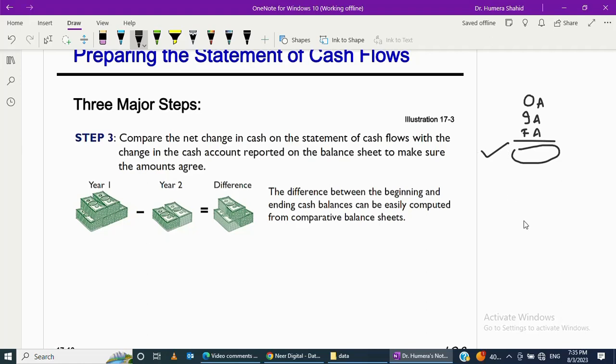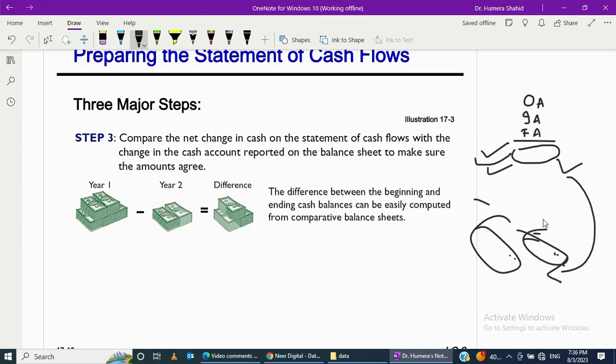Check the difference between the opening and ending balance of cash to confirm that this answer is correct. So compare the net change in cash on the statement of cash flow with the change in the cash account reported in the balance sheet, last year and current year. The difference between the beginning and ending balance can be easily computed from a comparative balance sheet, and it should equal the answer you find here.